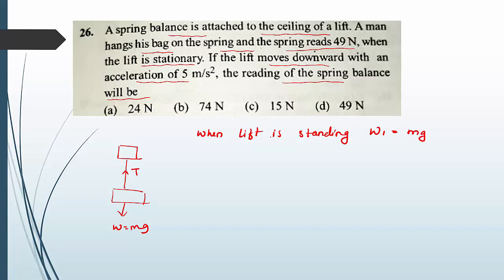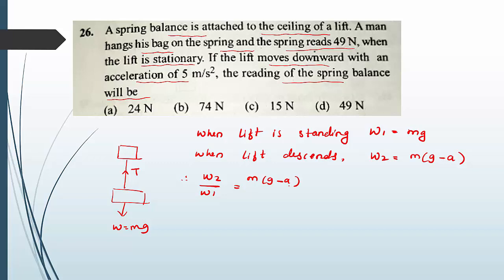mg, weight. When the lift is moving downward, when lift descends, we can write W2 is equal to, when it is moving down, m into g minus a. So therefore we can write W2 divided by W1. So W2 is m into g minus a divided by W1 is m into g.